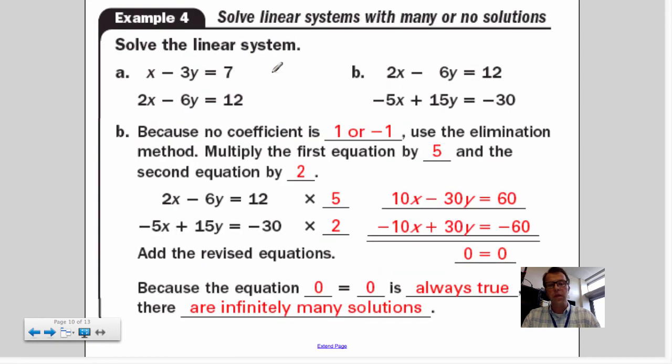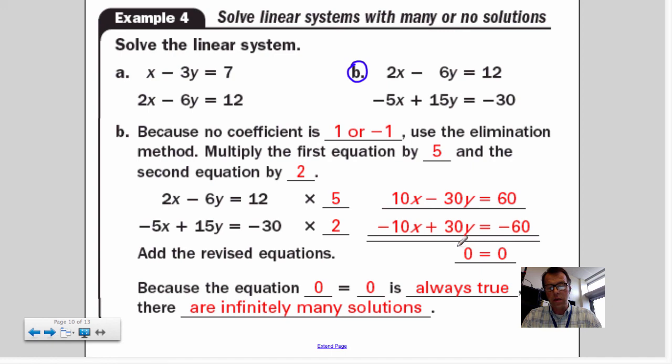Our second example here is in the case where there are infinitely many solutions. So this is, we're now looking at the second example here, the two equations given. Here, both equations are multiplied. The first equation by 5, the second equation by 2. You can see the buildup here, and we're going to cancel, but notice everything cancels.